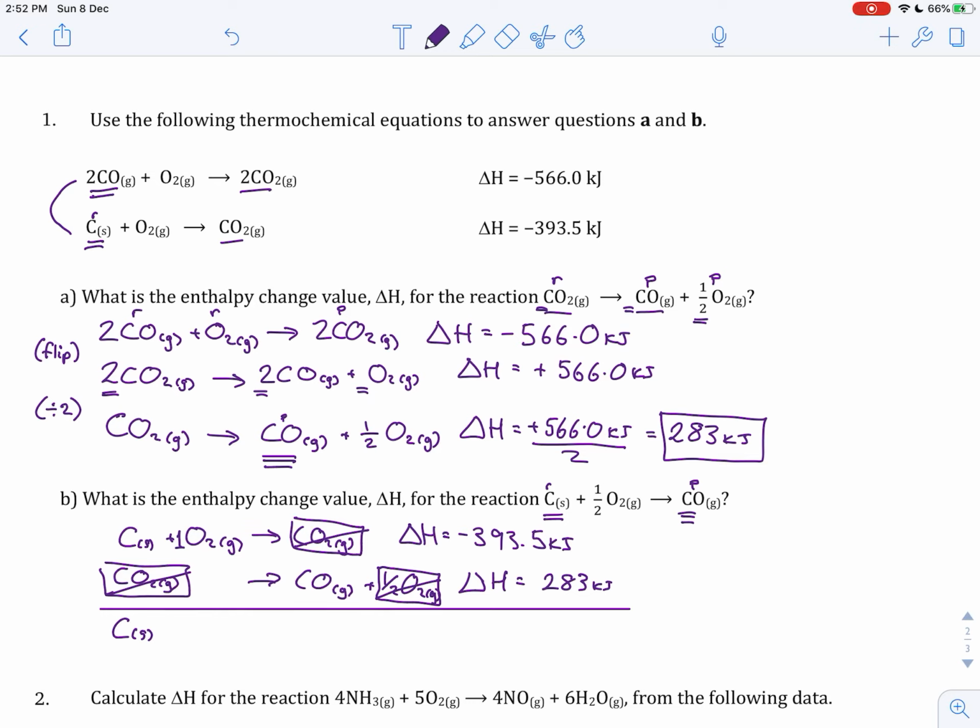So we're going to be able to subtract this. 1 minus half gives us half. So we're going to be writing half an oxygen as a reactant yields carbon monoxide as a gas, which is exactly what you're being asked for the enthalpy of this reaction. Minus 393.5 plus 283 is going to give us an answer of minus 110.5 kilojoules.